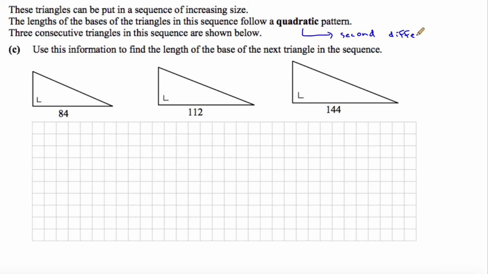is constant. Second difference is constant. That must be true if it's quadratic. Now what that means is, if you find the difference between the first two terms, so 112 minus 84, this is the difference of 28.